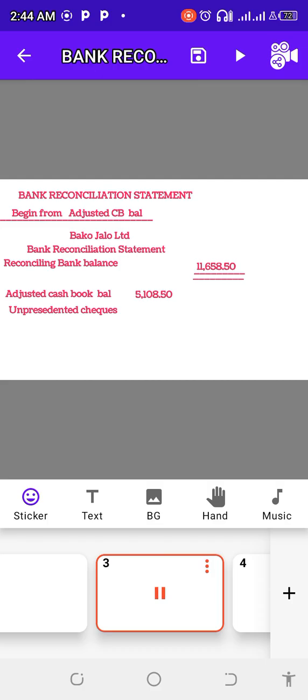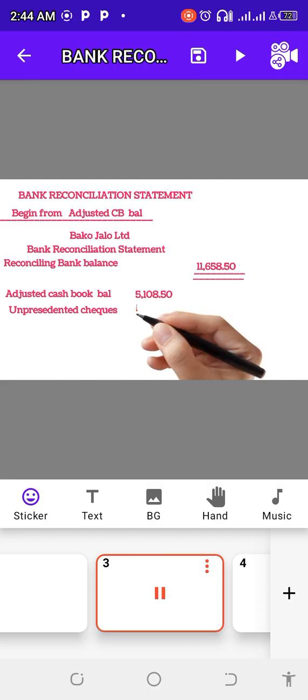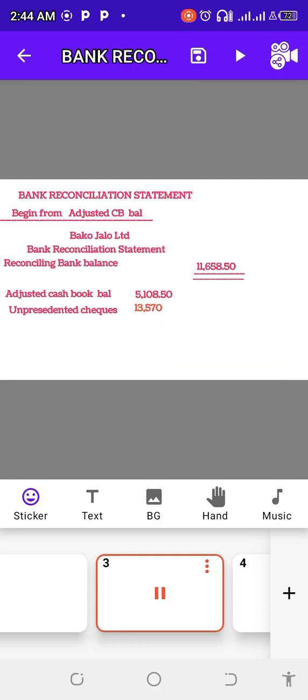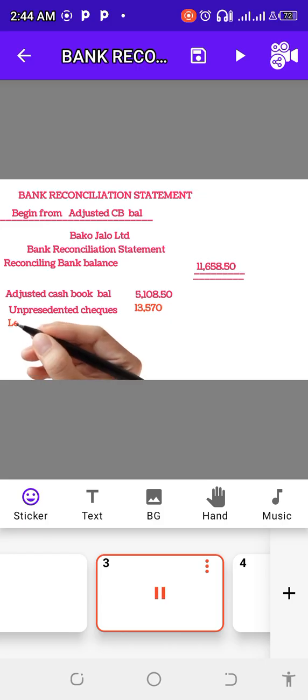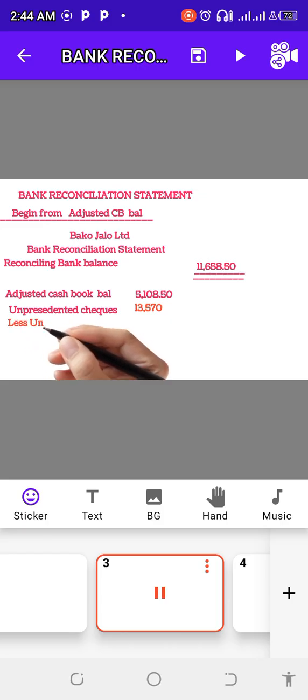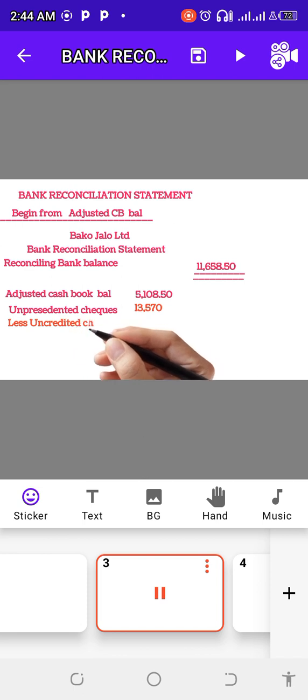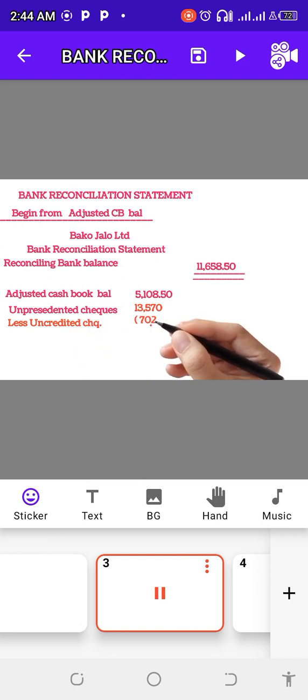The unpresented cheque there is 13,570. Then less uncredited cheque. The uncredited cheque in our assignment, as I have just done, is 7,020.